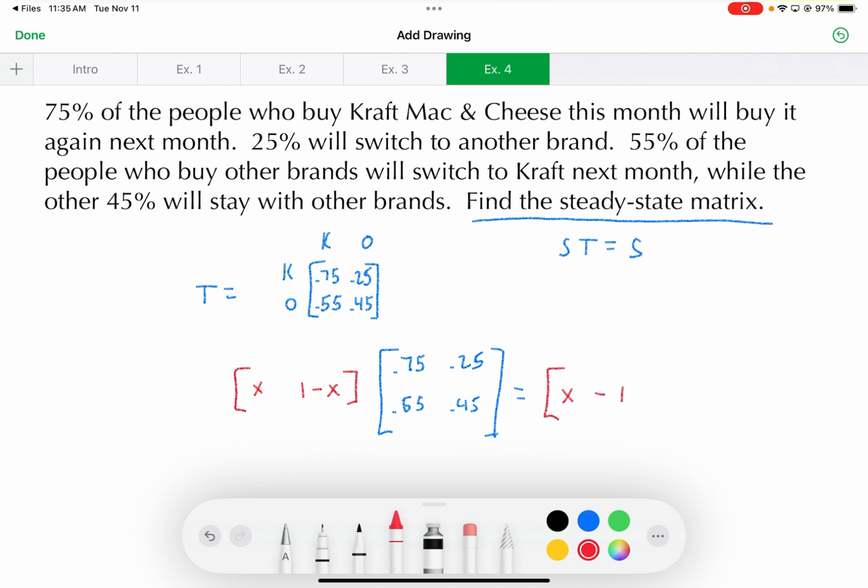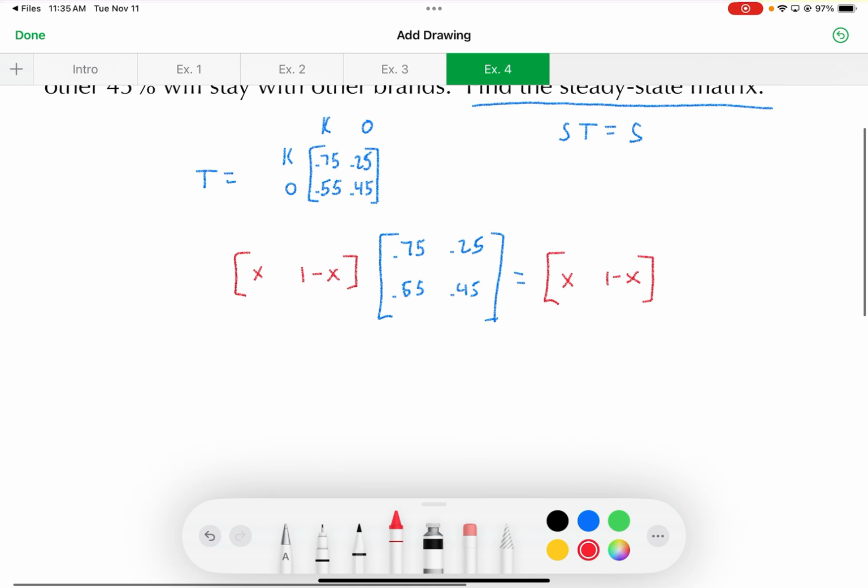It should result in that steady state matrix. So we've got a 1 by 2 times a 2 by 2. That's going to create a 1 by 2.